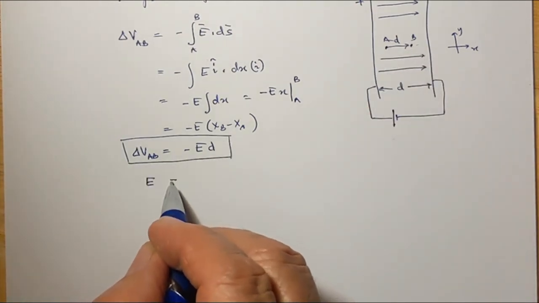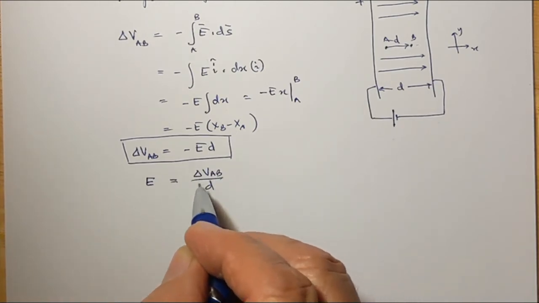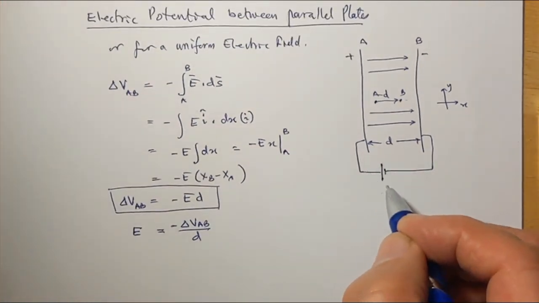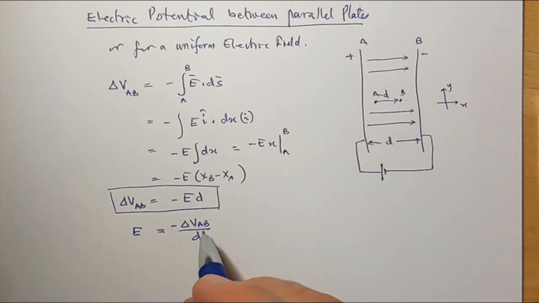So we can say that the electric field is the potential difference over d with the minus sign. The potential difference is the voltage of the battery, which we know, and d is the distance which we know, so we can calculate the electric field.